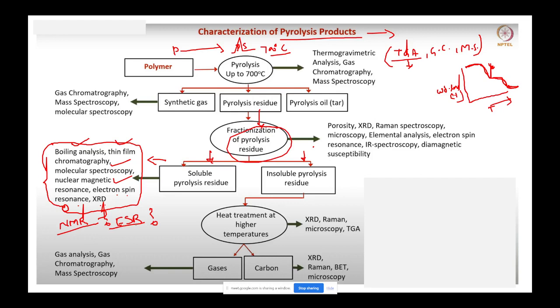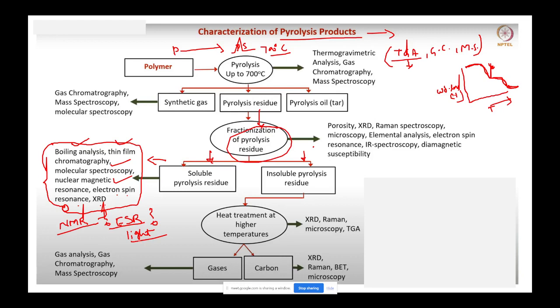I think here we apply some light and dark, and then you get some peak depending on how your particles behave. I do not know, but I have seen people do it. ESR uses microwave radiation as a trigger, whereas NMR uses radio frequency.